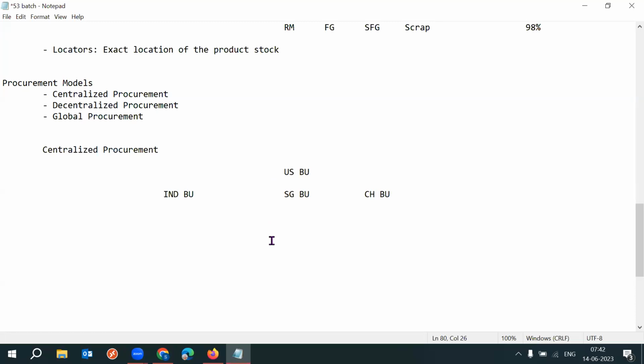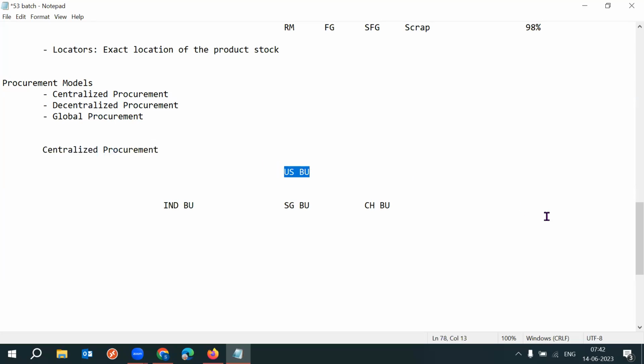All these BUs, if they want to purchase something, they have to rely on US only. All the purchases should happen from US only. This is called centralized procurement.